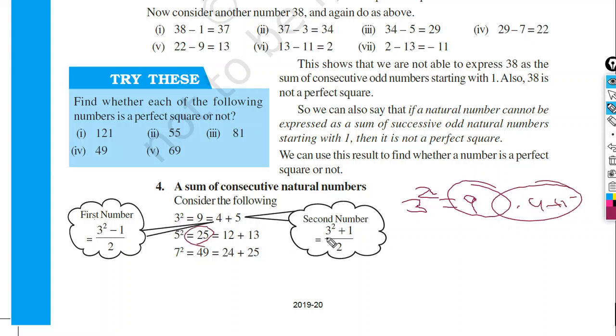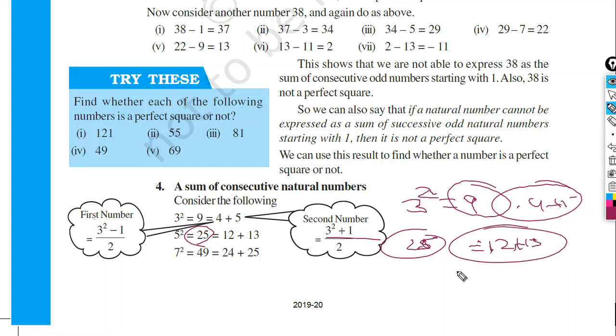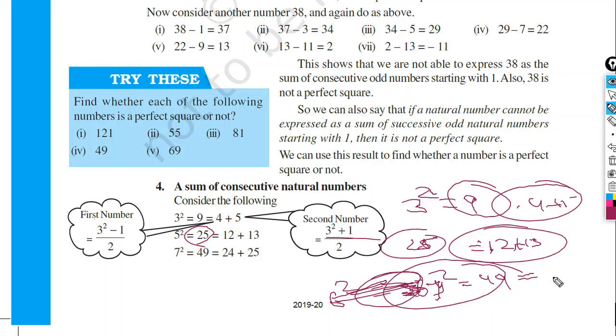Similarly, 25 we can write as 12 plus 13. 7 square equals 49, and we can write it as 24 plus 25.